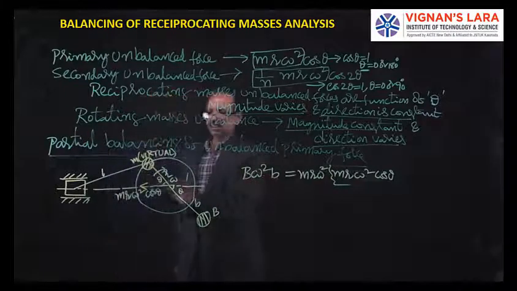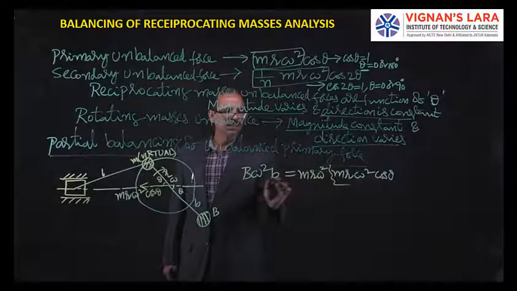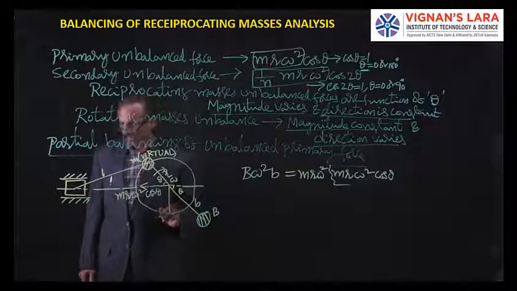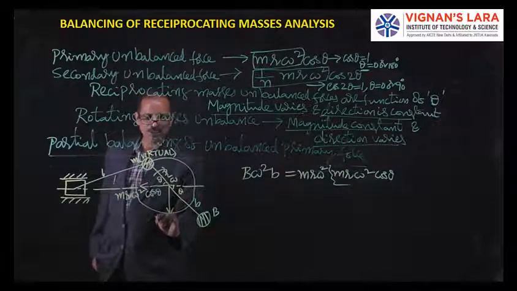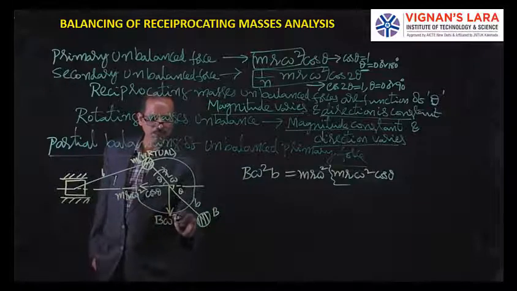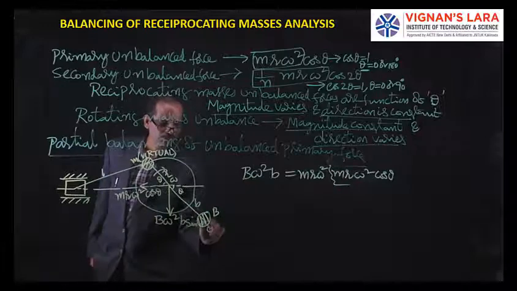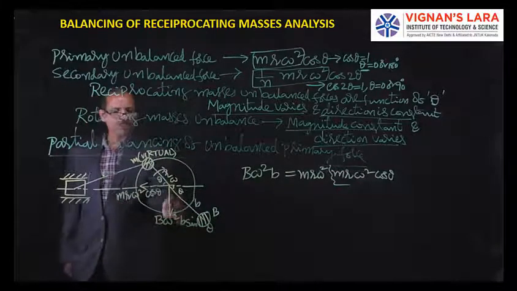When mr omega square cos theta is equal to b omega square b, then there will be an unbalance in this direction, which is b omega square b sin theta. Why?